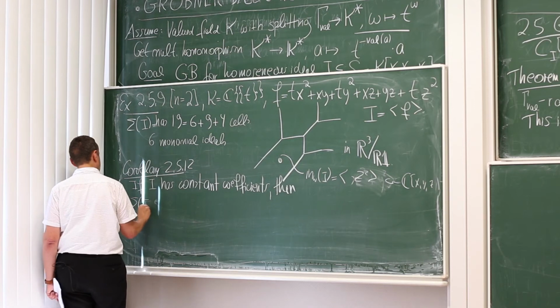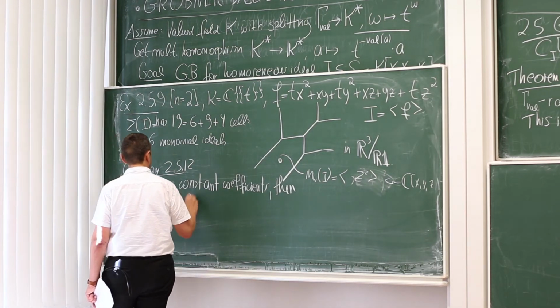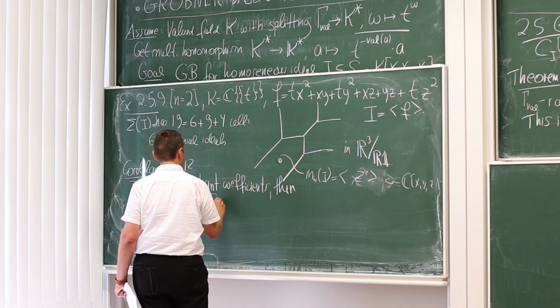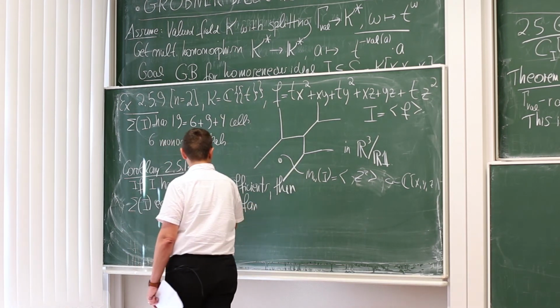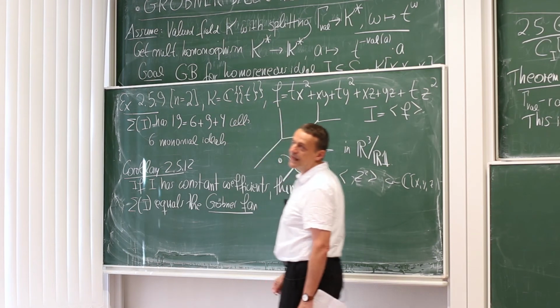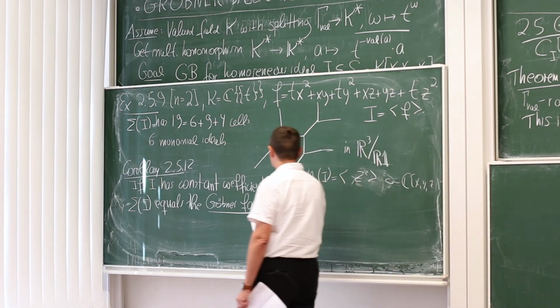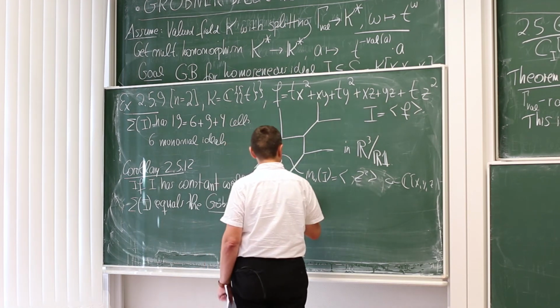So in that case, the Gröbner complex is equal to the so-called Gröbner fan. It's a fan, a finite collection of convex polyhedral cones emanating at the origin and fitting together nicely. And this is the Gröbner fan of I up to sign.